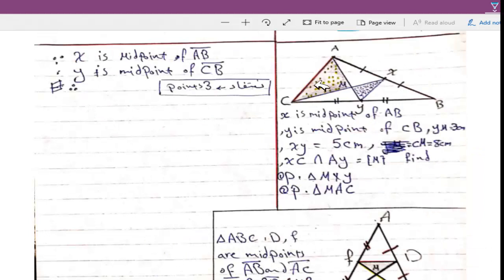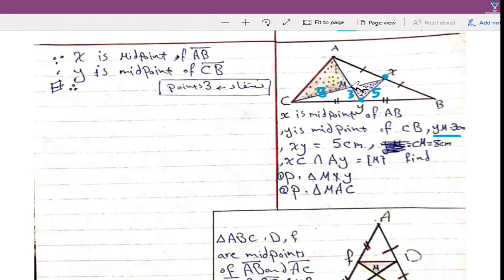Okay, now you have a triangle ABC. X is midpoint of AB, Y is midpoint of CB, YM is 3 centimeter, XY is 5 centimeter, CM is 8 centimeter, and XC intersects AY.